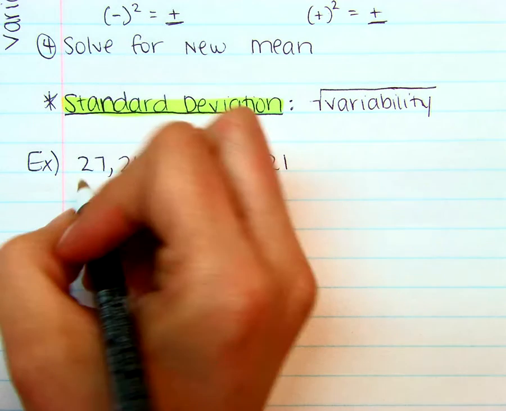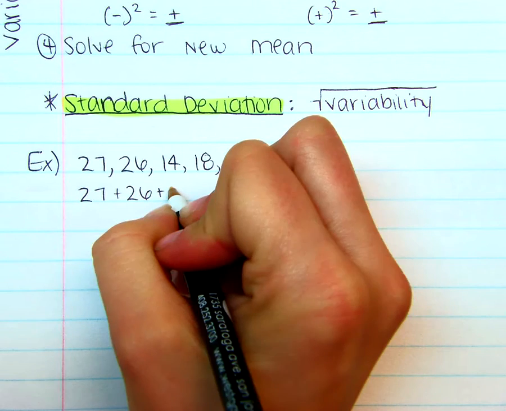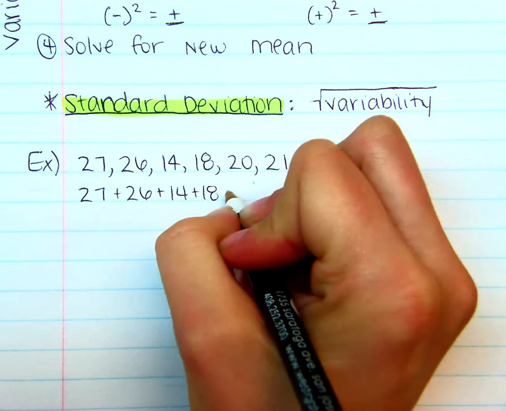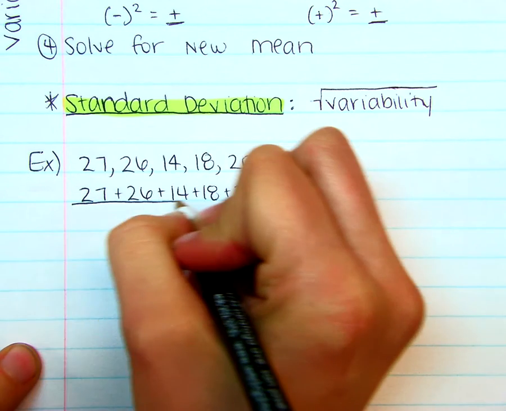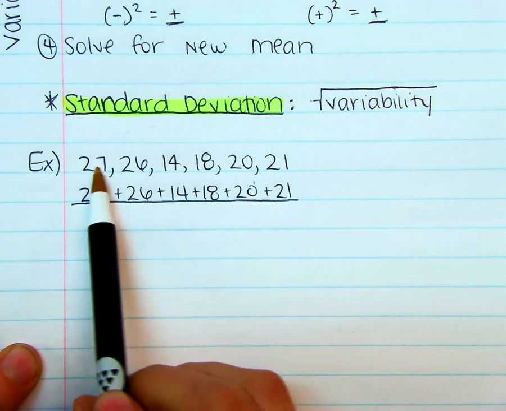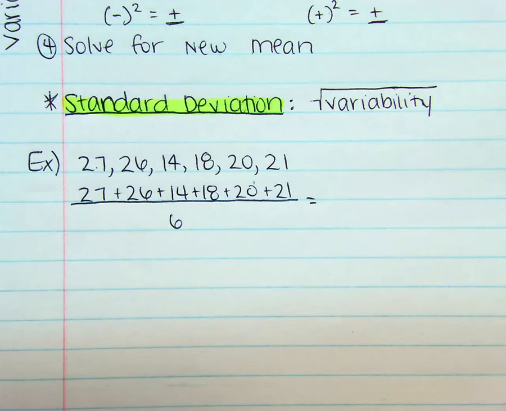So first we're going to solve for the mean. I'm going to take 27, and add it to all of the other numbers, and then divide by 1, 2, 3, 4, 5, 6. So that's going to give us our mean.